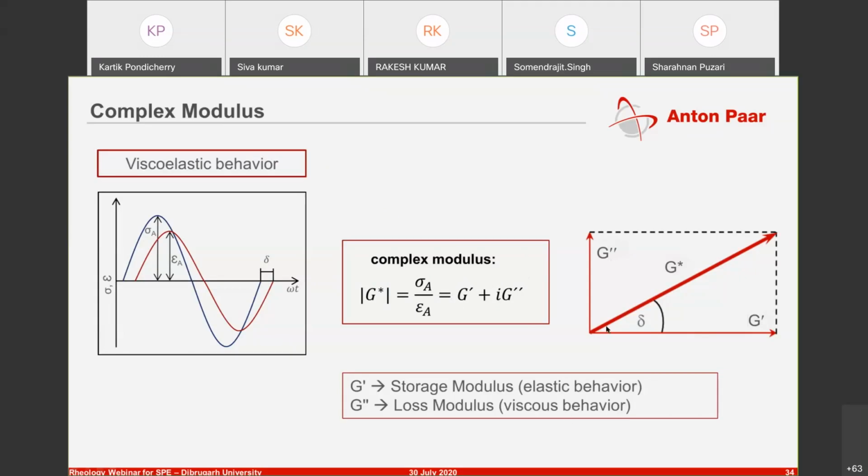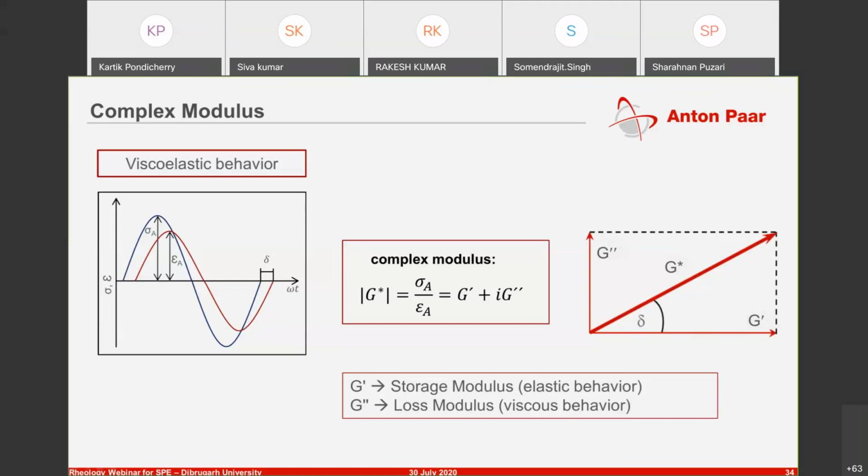And to get that physically, what you could do is simply draw the G star value, the absolute value of G star, at an angle of delta, and your x-intercept would give you the storage modulus G prime, and the y-intercept would give you the loss modulus G double prime.